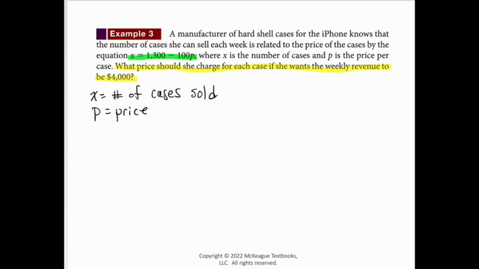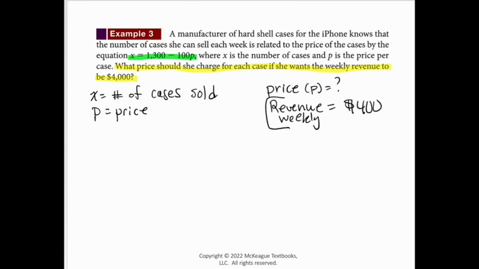So they're asking to find the price when the weekly revenue is 4,000. So we have find the price, which is P, when the revenue, specifically weekly, is equal to 4,000. So we need to come up with some kind of equation for the revenue so we can solve for the price when the revenue is 4,000.